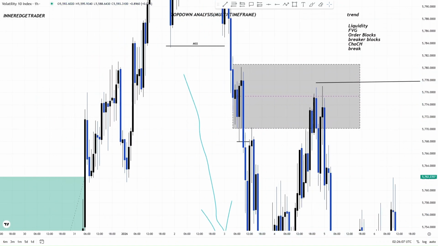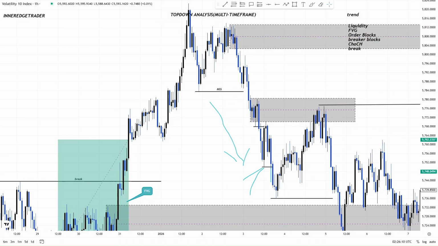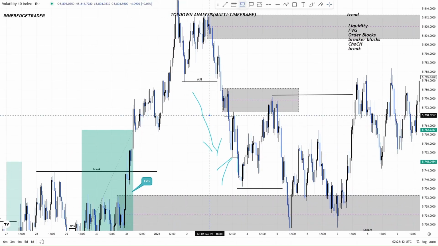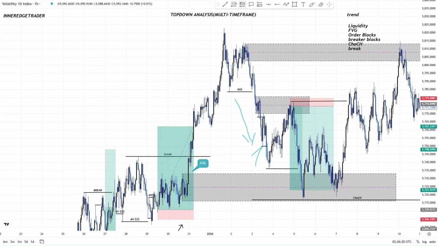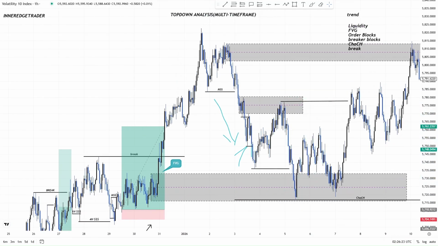So normally I won't take this trade, but whoever takes it will definitely get a good win rate ratio, up to 50. But personally, I won't take this trade.